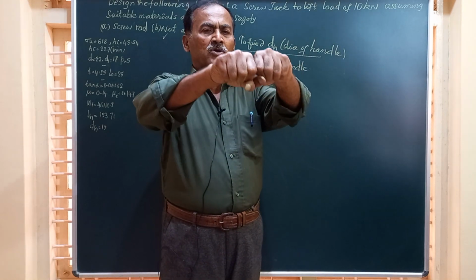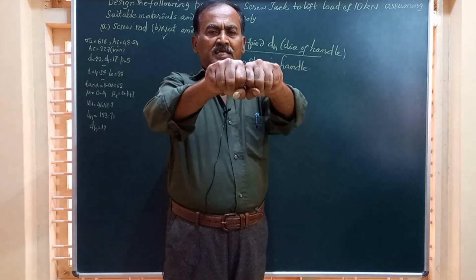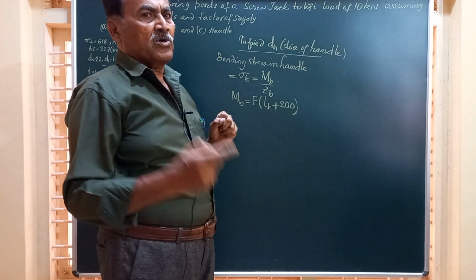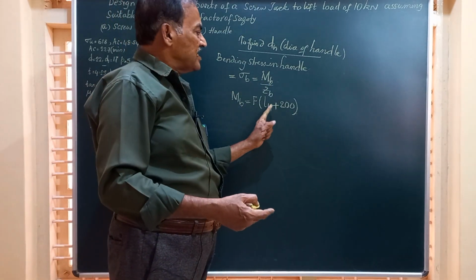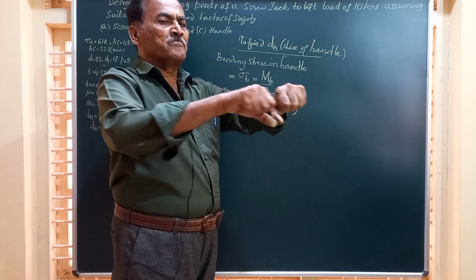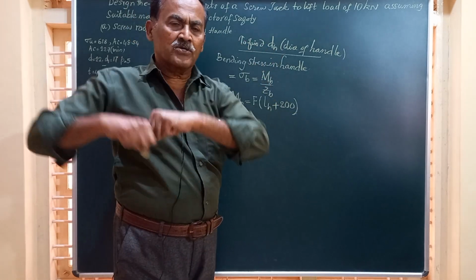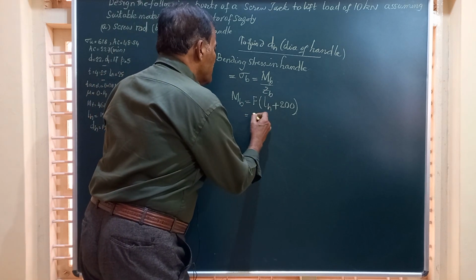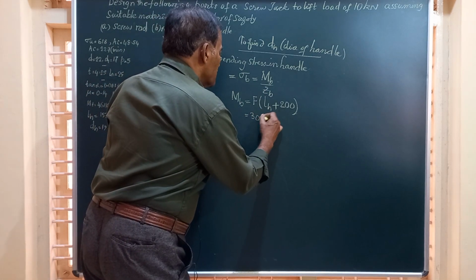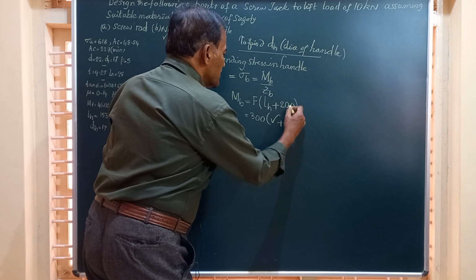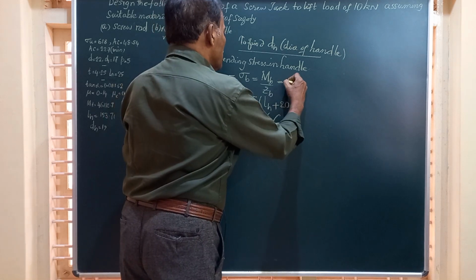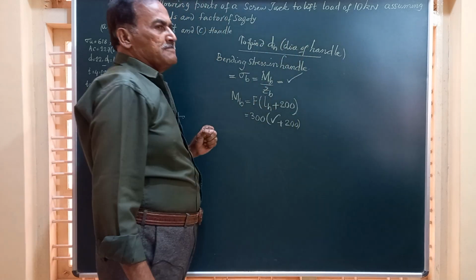Maybe you will have to have a hand to hold like this. So approximately I will take that additional length of the rod as LH plus 200. This 200 is to accommodate the hand to operate this screw jack. So friends, you know the value of this F, 300, LH you have calculated, this 200 we have assumed, and this works out to some value. We will be able to find out.